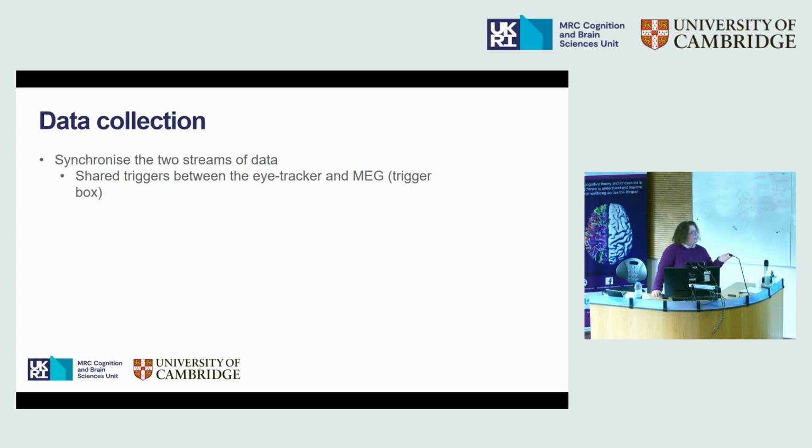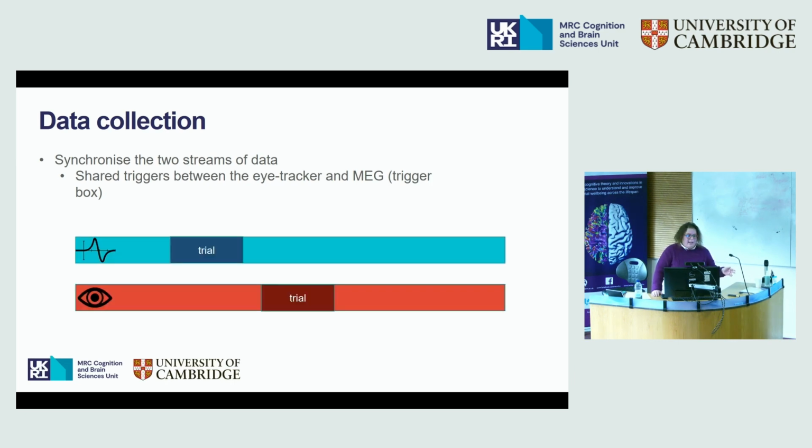So to get a bit more concrete, the first thing to consider starts before analyzing the data, and it starts when preparing the presentation of the stimuli. It's important to remember that we now have two streams of data, the MEG and the eye tracking data, and they are independent of each other, so they work on different timelines.